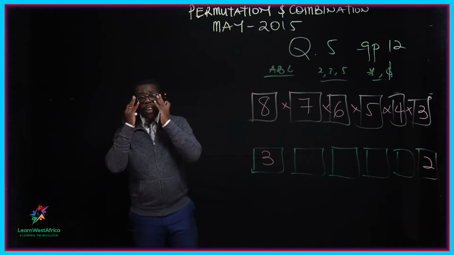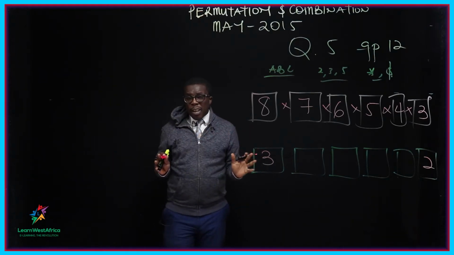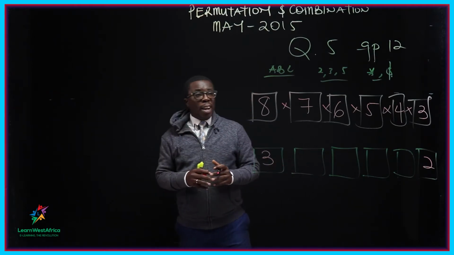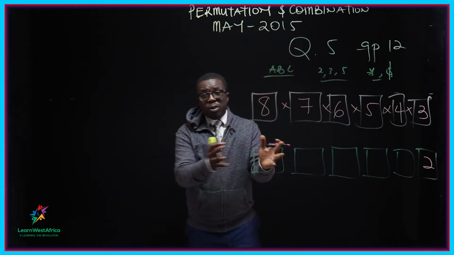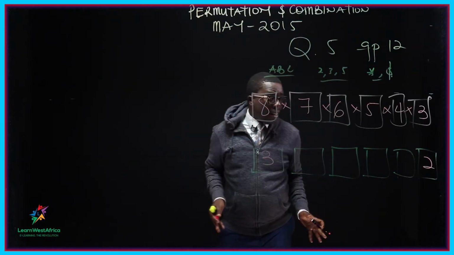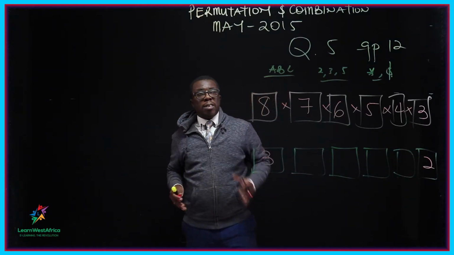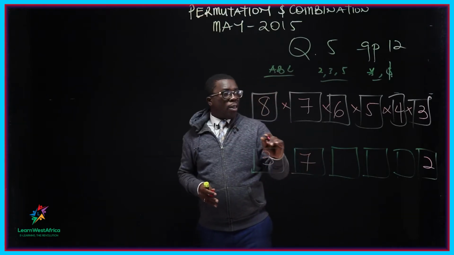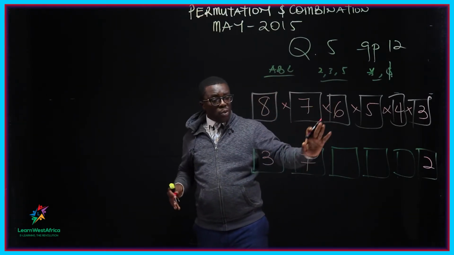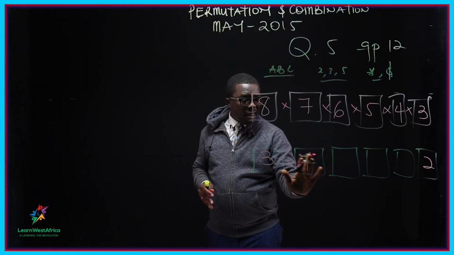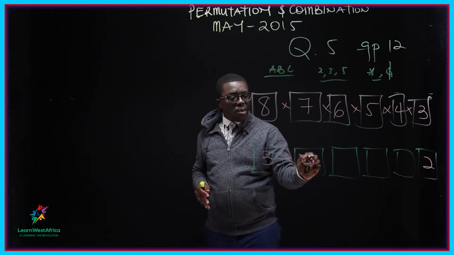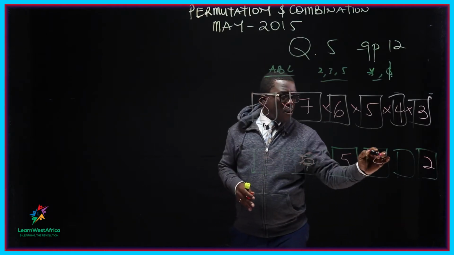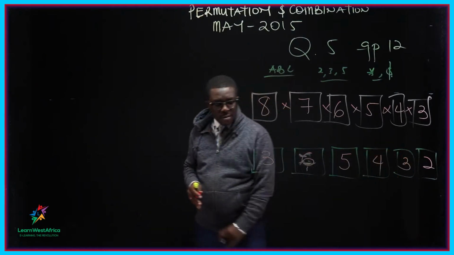Now that we are done with that, we can go ahead and complete it. Let's assume that out of the 8, we select 1 to fit there. This part is completed, the other part is completed. This side is going to give you 7. Okay, there is 8, and we've taken 2 out, so we are going to have 6. Let me just correct that. Then this part is going to give you 5, then you have 4, then you have 3.